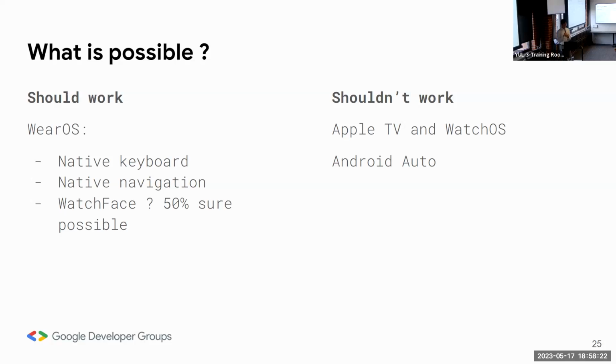I think it's just a suggestion: it's possible to trigger the keyboard natively, faking a native keyboard. I don't know how it works, but I think it's possible. And then maybe you can get the callback from the keyboard and push it to Flutter.